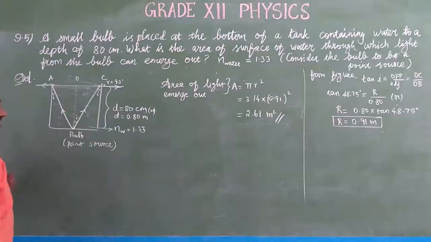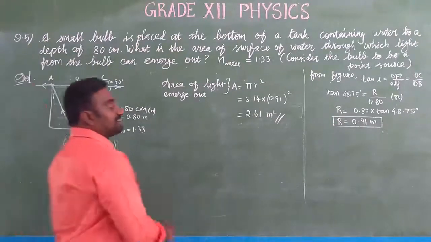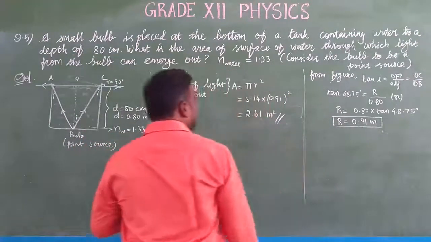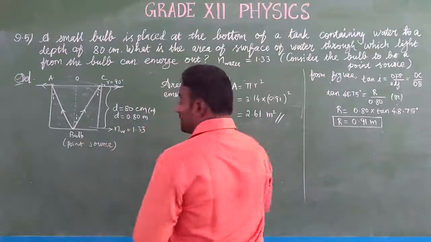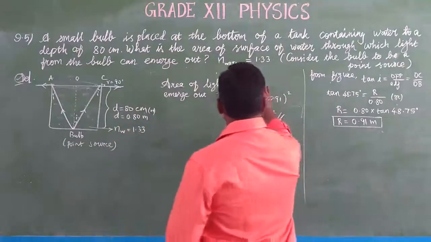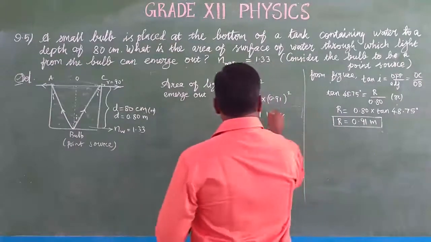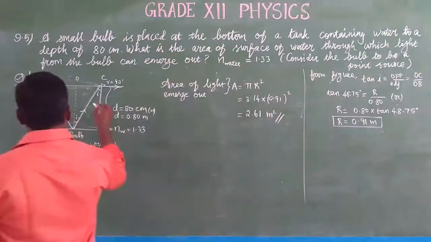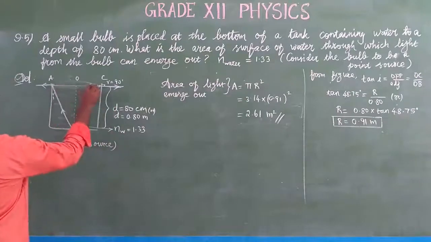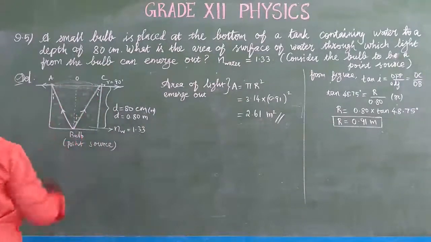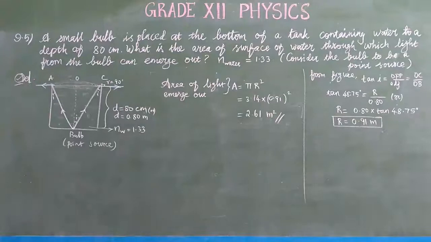From that we can find the radius. After finding the radius, substitute directly into the area formula, that is pi r square. We know the pi value. After substituting, the circular area of the light emerging from the surface is 2.61 meter square.